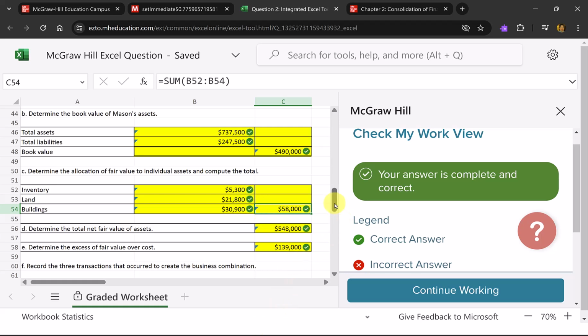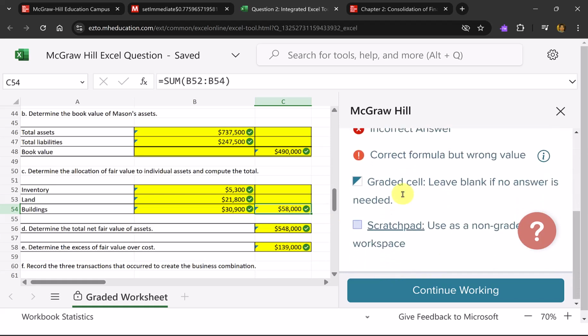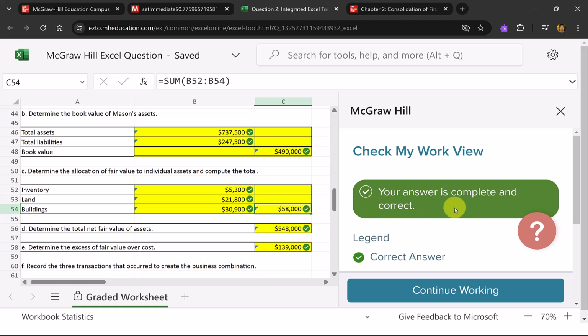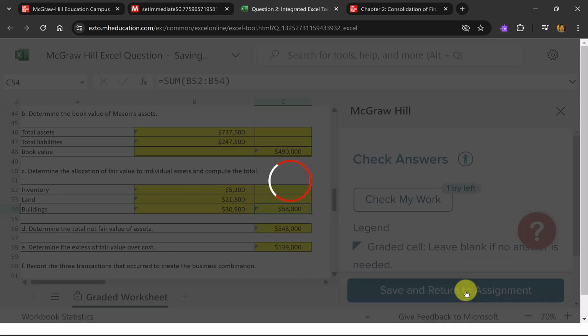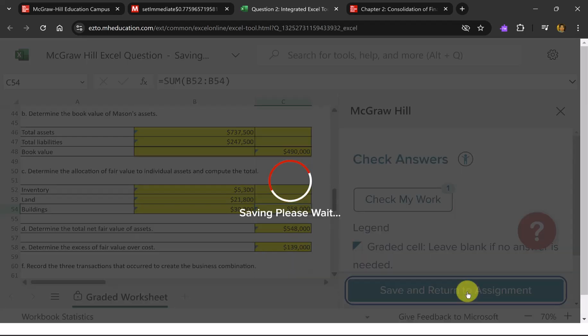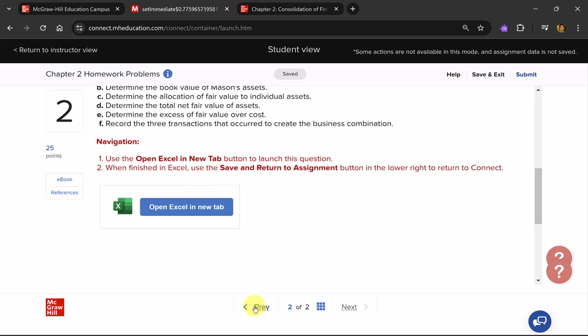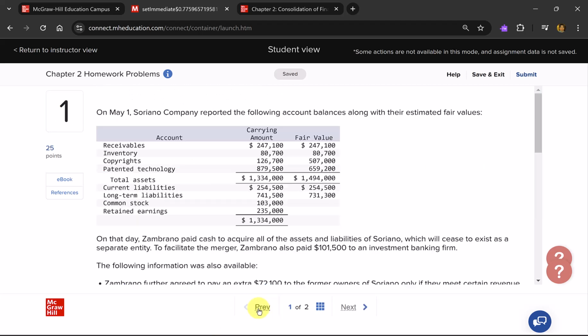Okay, now if I want to go back to my first problem, I go to continue working, save, and return to assignment. Yes, I want to do that. Now I can go back to my number 1 problem, and I still have not used any of my 3 submissions.